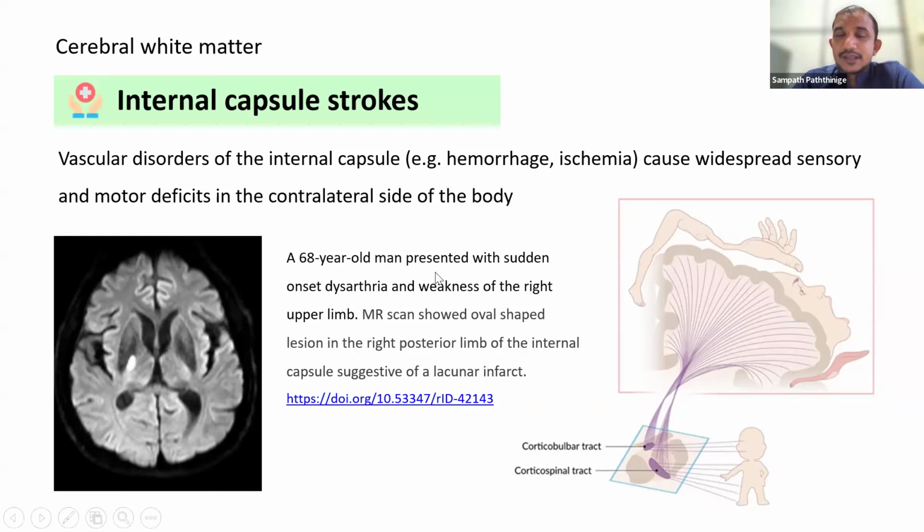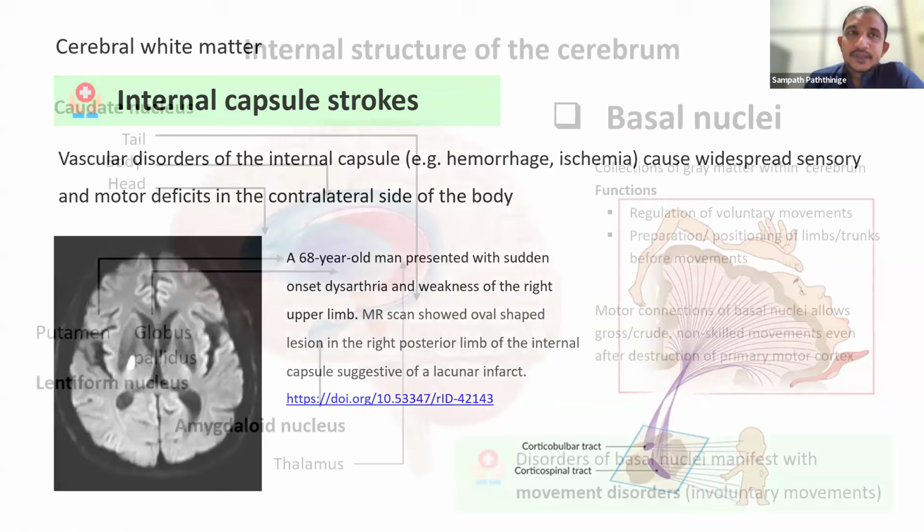So the patient has motor effects in the right upper limb. This is a real case which shows that the patient has some dysarthria as well. That means some cranial nerve motor nuclei are also affected, because it is very close to the genu as well. So it depends on the area which is affected.